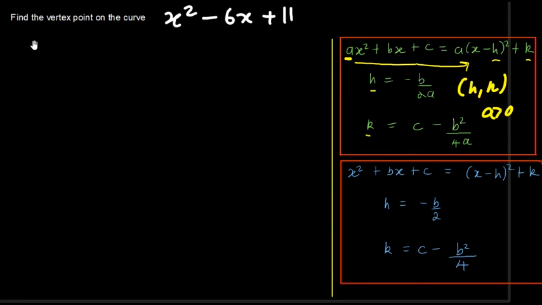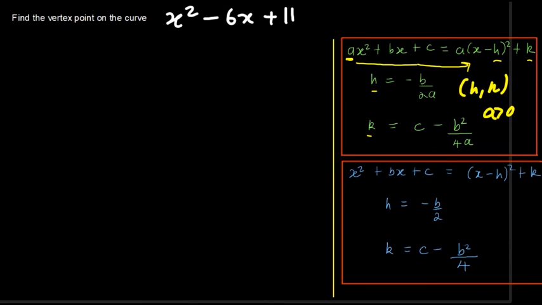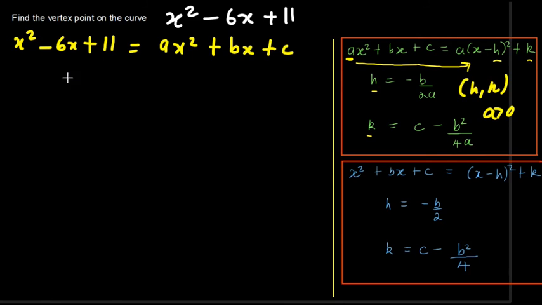So for this question, we need to find the vertex point on the curve x squared minus 6x plus 11. So the procedure is still the same. We just compare with ax squared plus bx plus c.